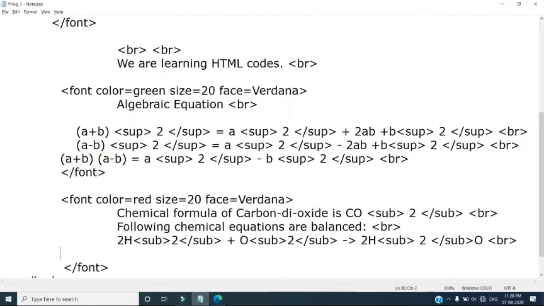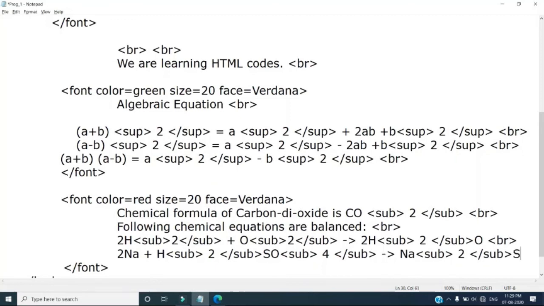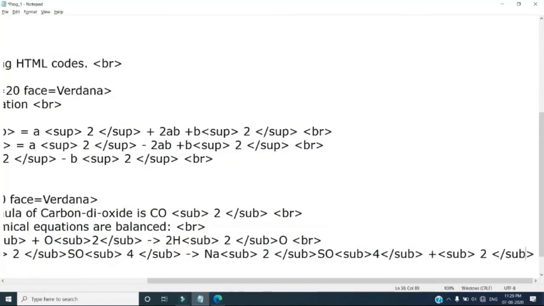And the third equation that we want to display was twice Na plus H2SO4 equals Na2SO4 plus H2.